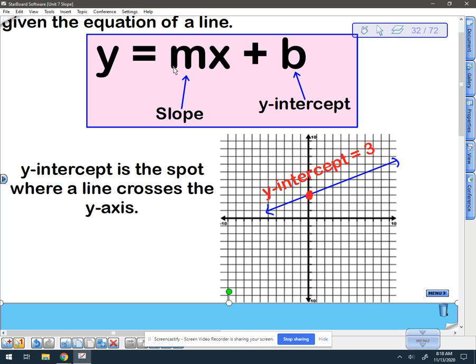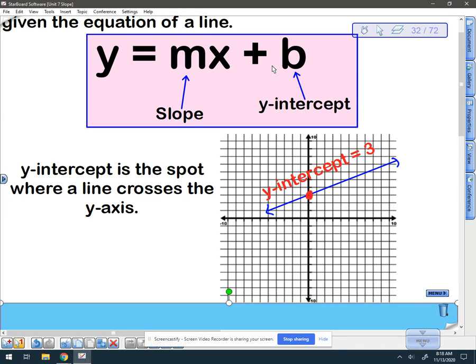So whatever number is here, because remember we said m always represents slope, whatever number is next to your x is going to tell us how our line is going to change. How's it going to move? And then whatever number is by itself, the constant, whether it's adding or subtracting a positive or a negative number, that's your y-intercept. And your y-intercept is the spot where it crosses the y-axis.